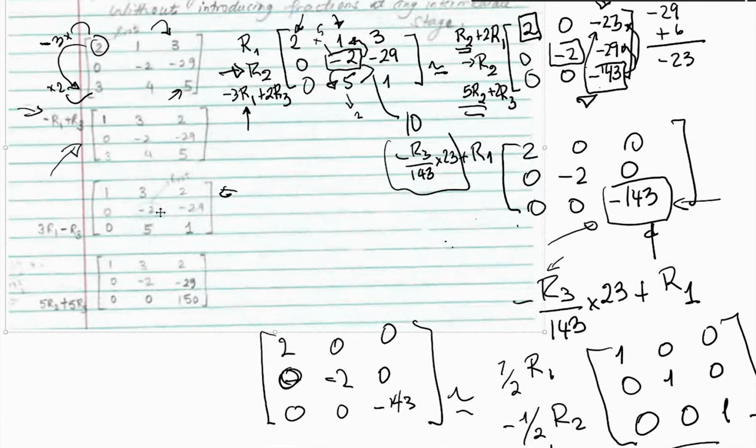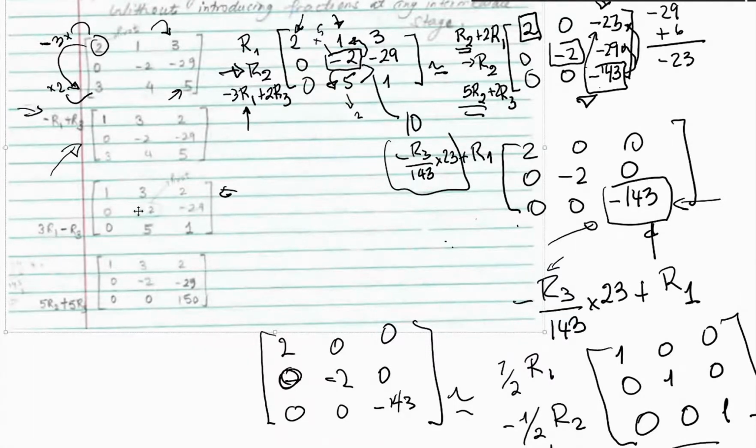Now here you use 5 row 2, here is the pivot, it's 5 row 2 to row 3. You did it right, but wrote it wrong. This zero is fine, but it's not 5, it's 5, 2.